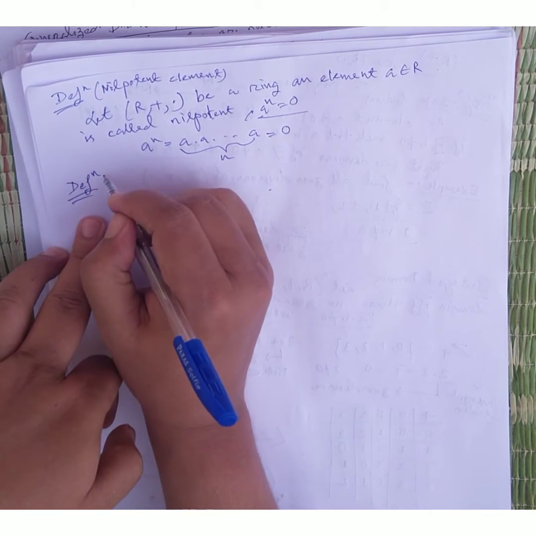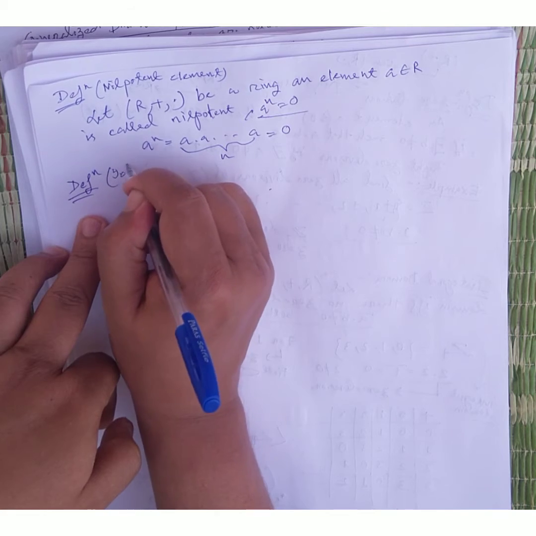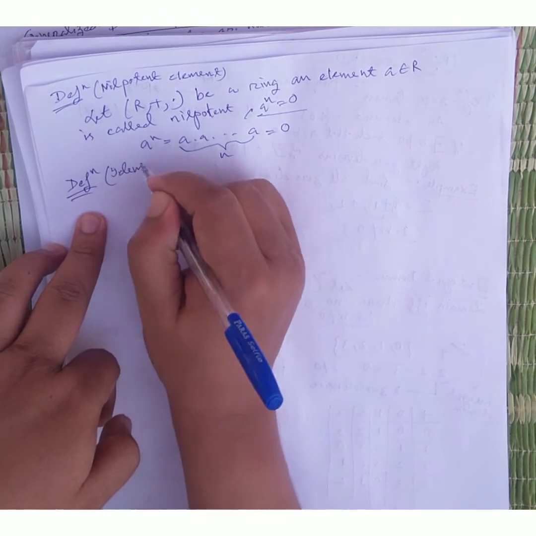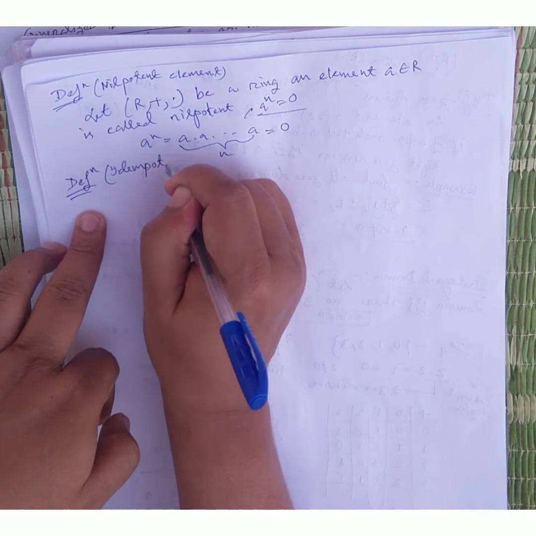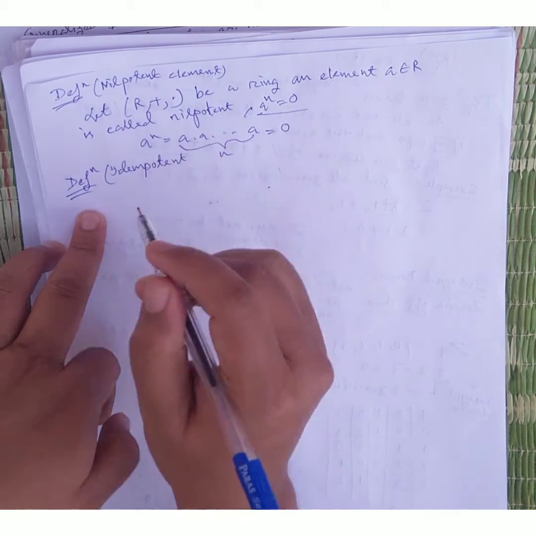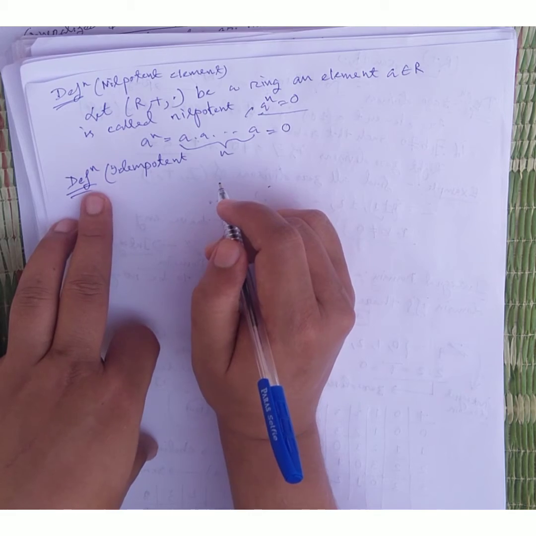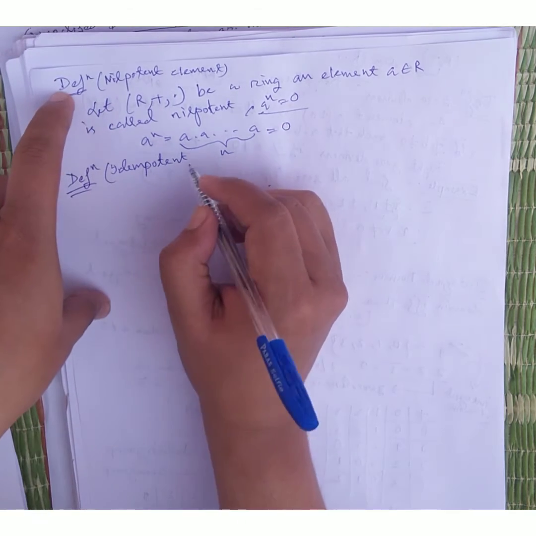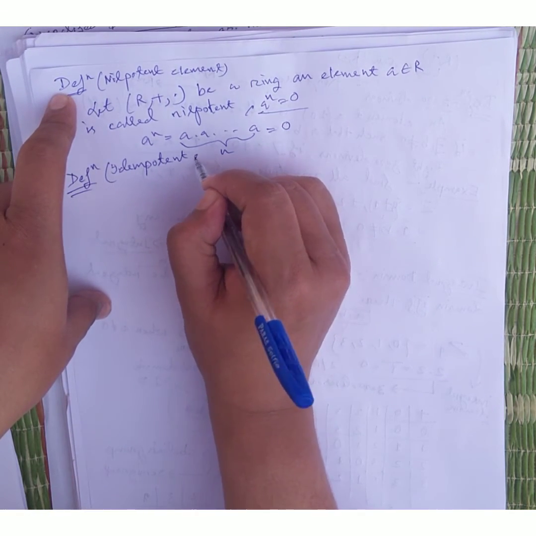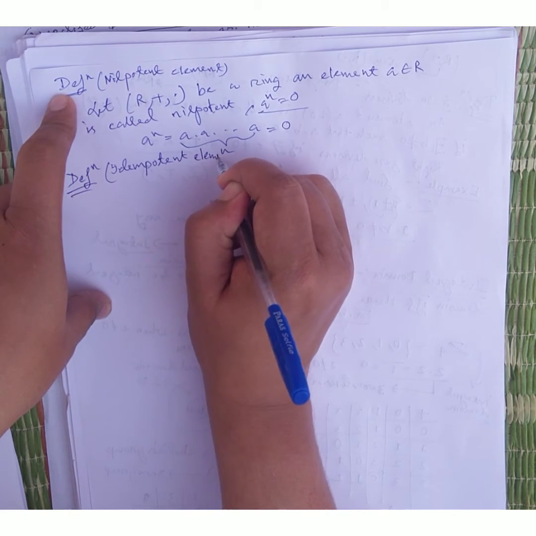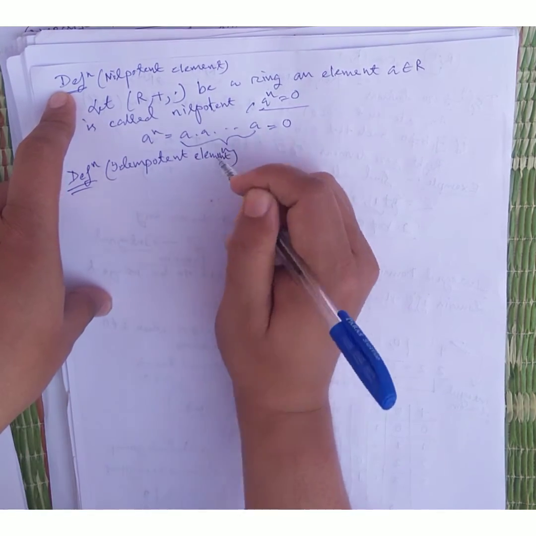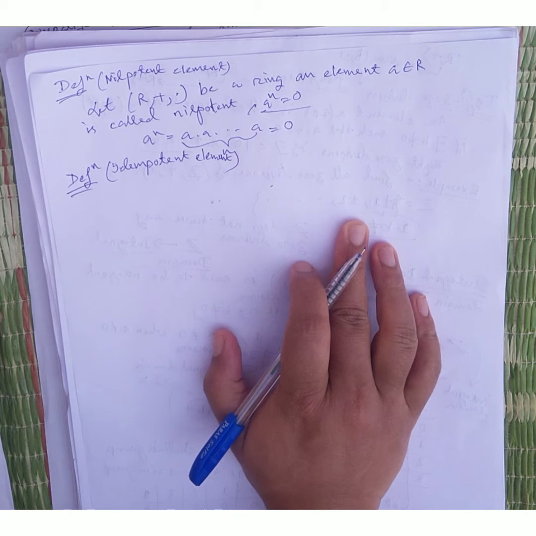And the next definition is the idempotent element. You have learned the idempotent matrix and the nilpotent matrix, but here in the case of a ring there are definitely idempotent elements and nilpotent elements. In a ring, you get one element that is idempotent and another that is nilpotent.